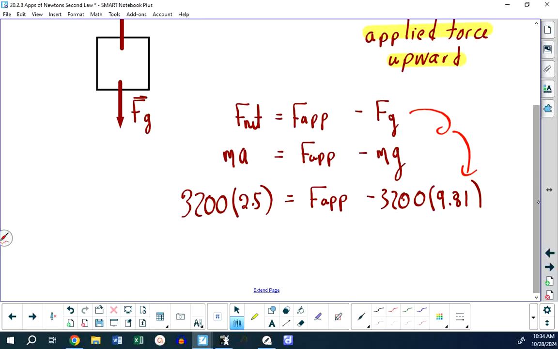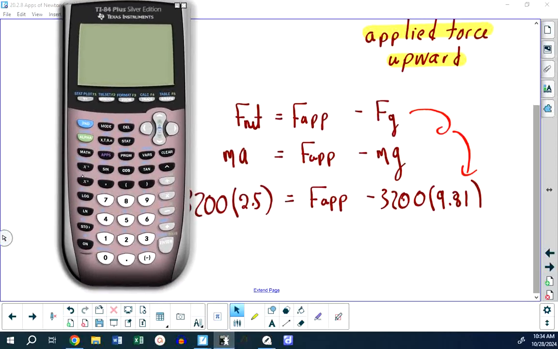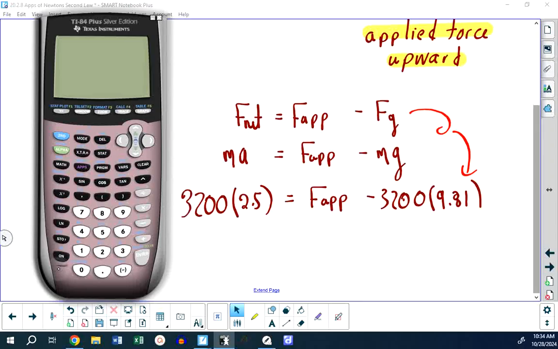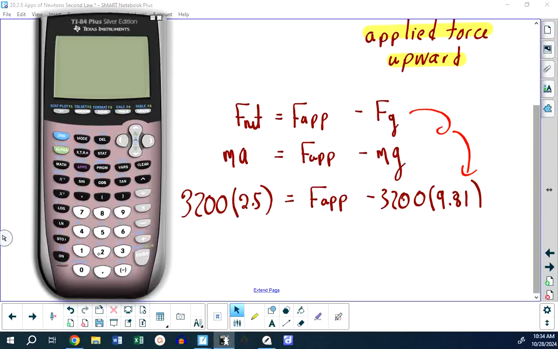That's fine. So the applied force will be 3,200 times 2.5 plus 3,200 times 9.81. So I'm getting about 39,000 newtons.